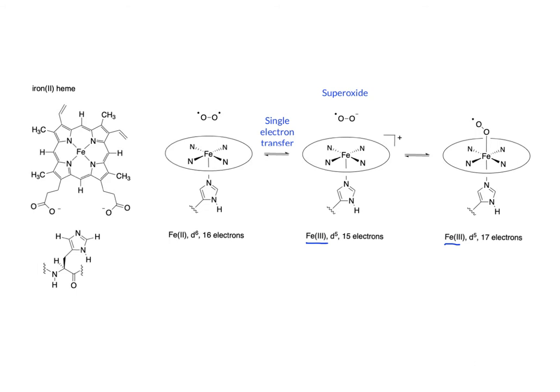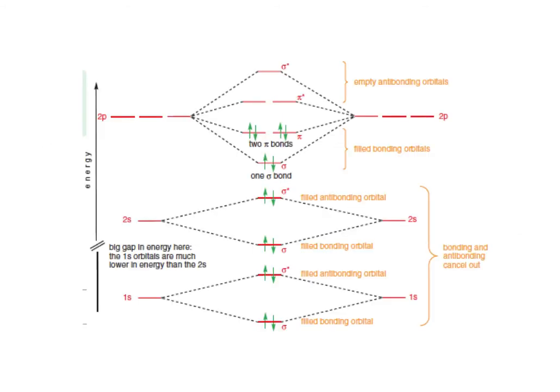We'll analyze the molecular orbitals of oxygen, but first we'll turn to something more familiar by reviewing the molecular orbitals of dinitrogen. This is depicted on page 94 of the textbook.